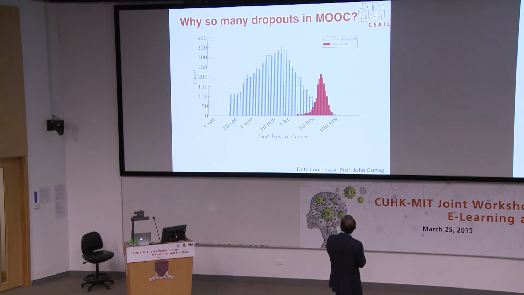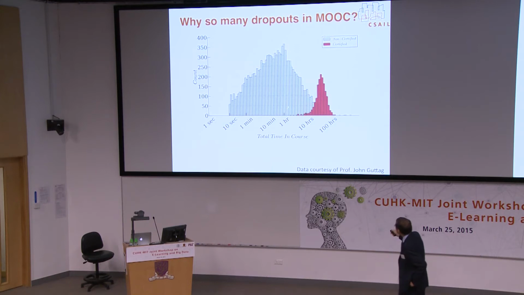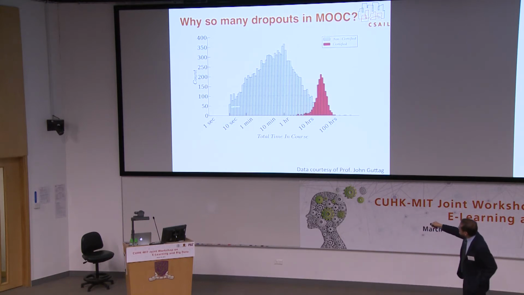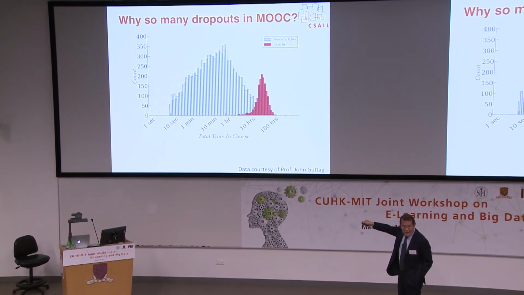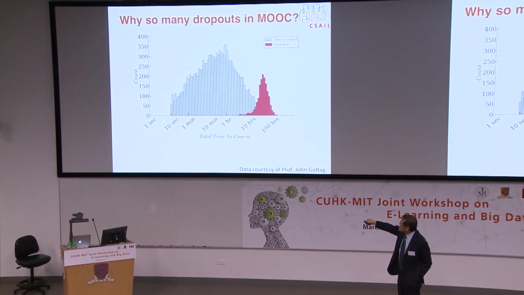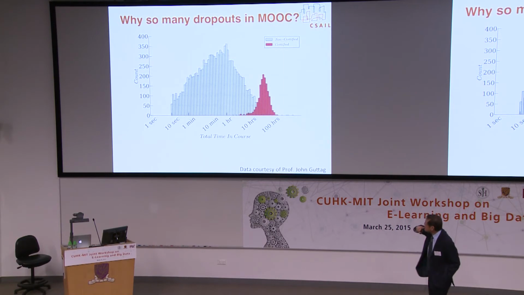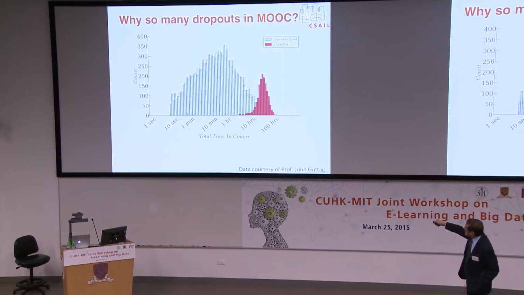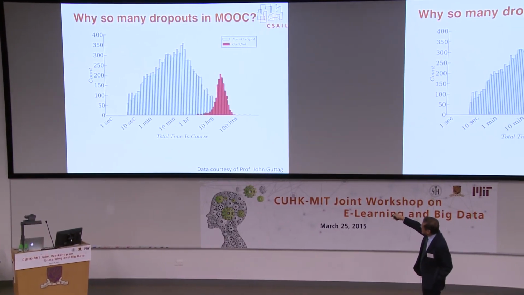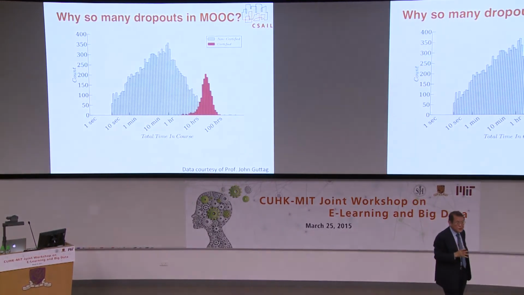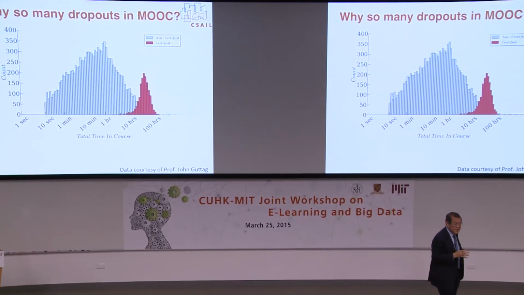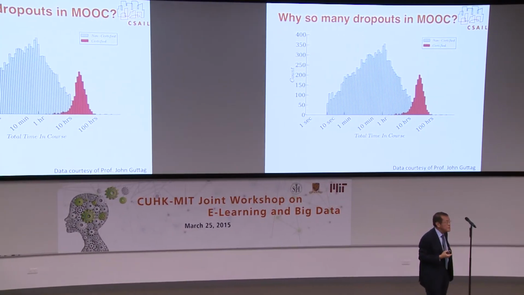And if you look at it, you will see that, in fact, this is the distribution. This is plotting how much time a person spent in the course, and this is a histogram, okay? So this is actually the distribution of the students who finished the course, all right, and the amount of time they spent.